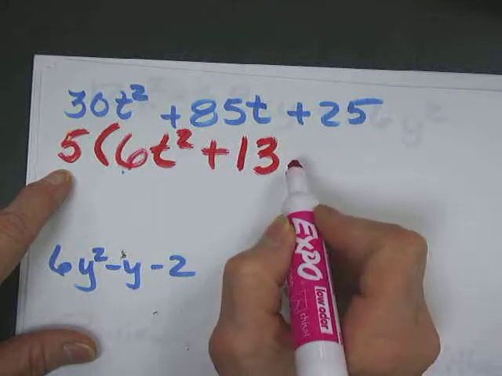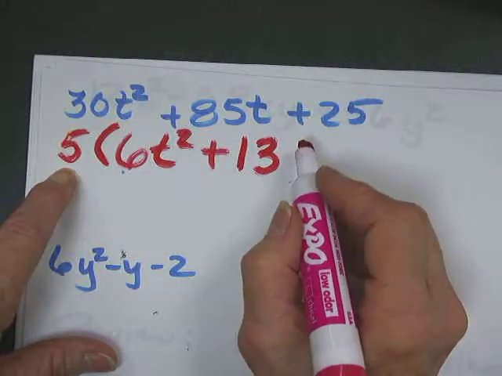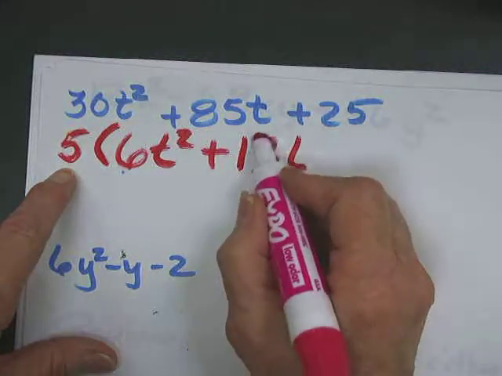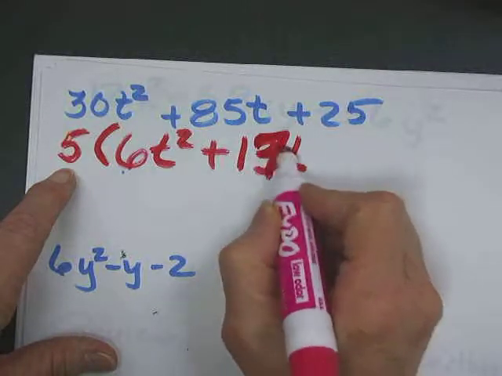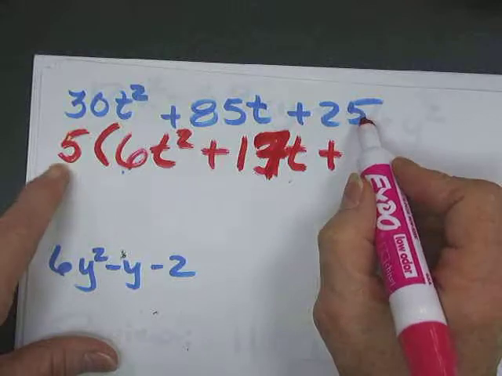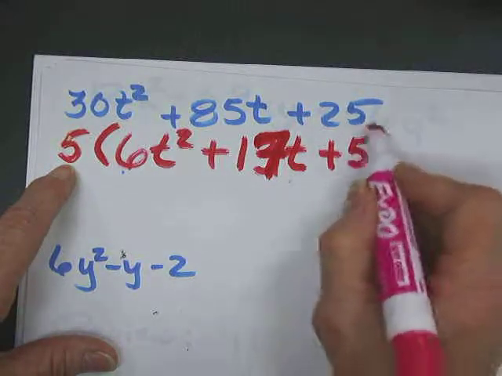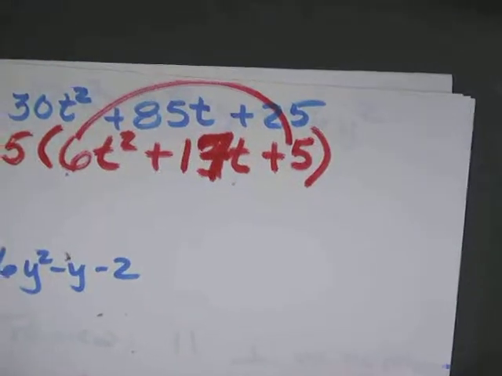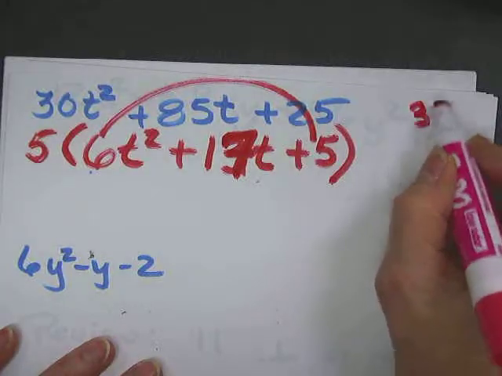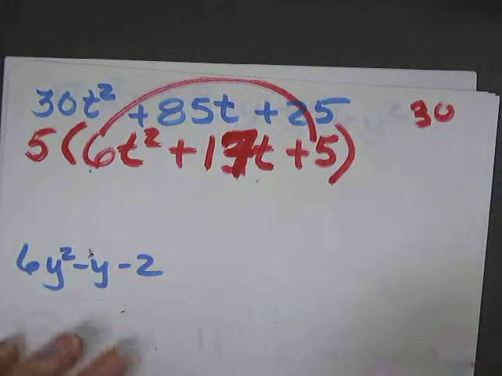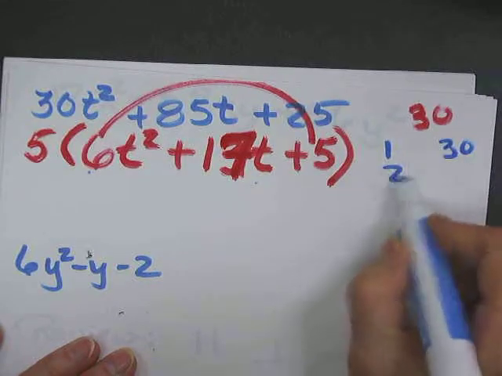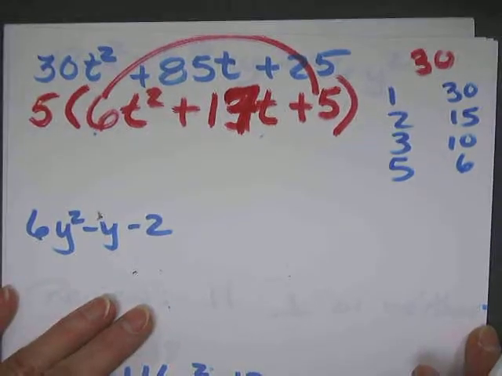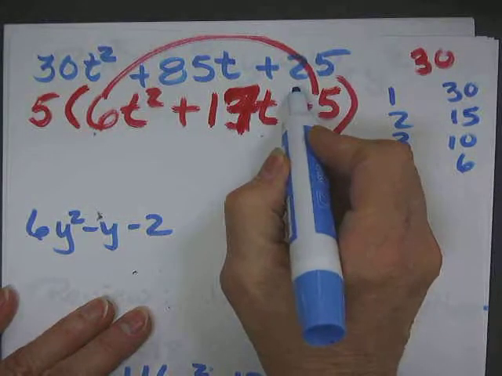Our first term will be 6t squared plus 17t plus, what's the last term? 5. Okay. So we're going to multiply 6 and 5. 6 and 5 give you 30.